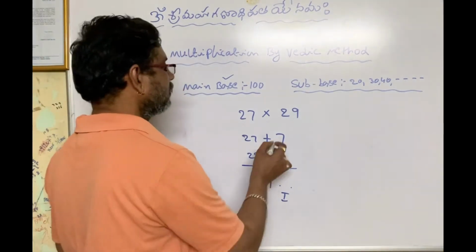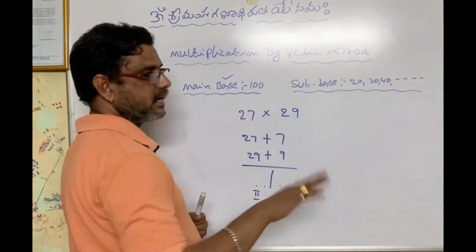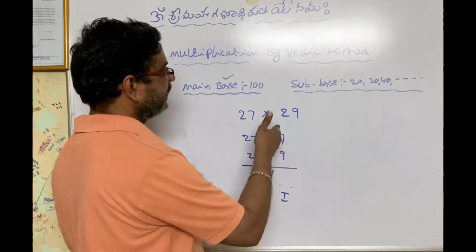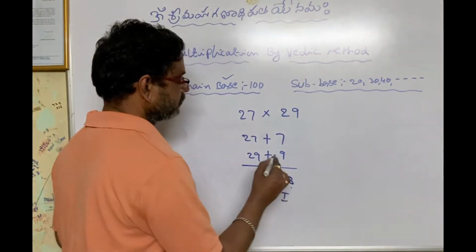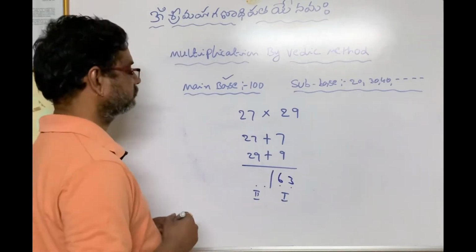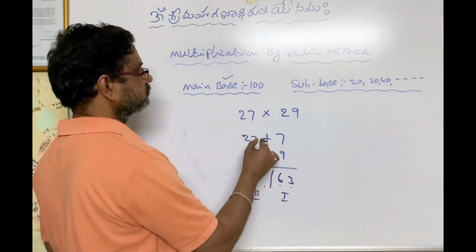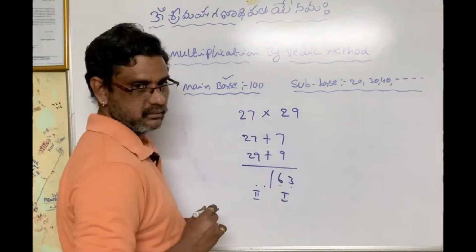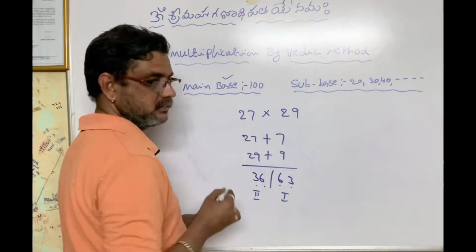Now, first multiply the deviations. Because both the numbers are above 20, the deviations are positive. So multiply the deviations: 7 nines are 63. Now, add crosswise. 27 plus 9 is 36, or 29 plus 7 is also 36.